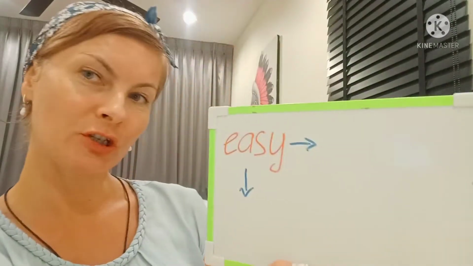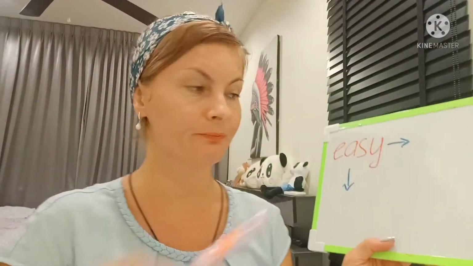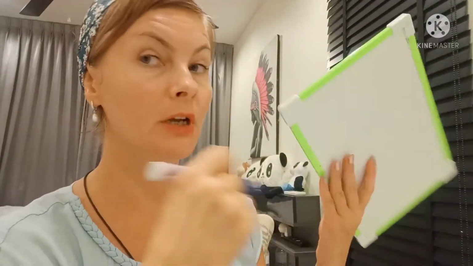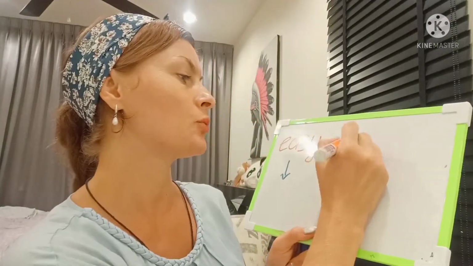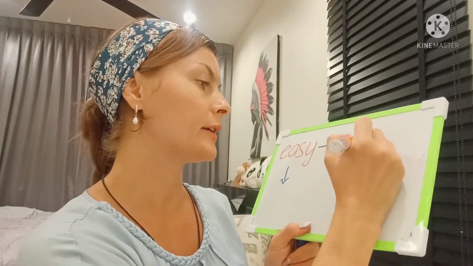Okay, let's write down. So, word easy. How to make comparatives? Easy. So I want to compare two books for grade 5 and for grade 1. And I want to say that grade 1 is more easy. How to write this word correctly?